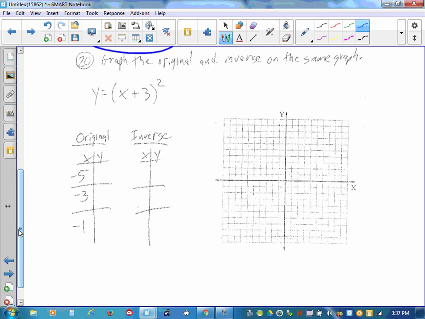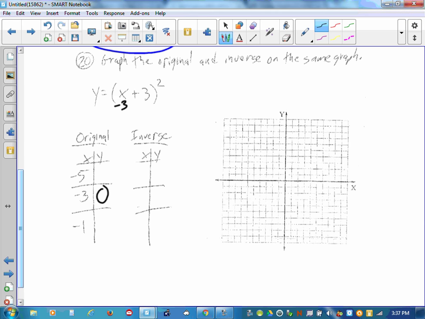Okay, the graphing one, I really threw you a soft toss on this one. I gave you what I wanted you to put in. So if we put in -3, we get 0. So that means you switch and you get 0, -3. Here, I'm going to do this like I did it in class. I'm going to use black for the original and then blue for the inverse. So I put in -3, and that gives me 0.